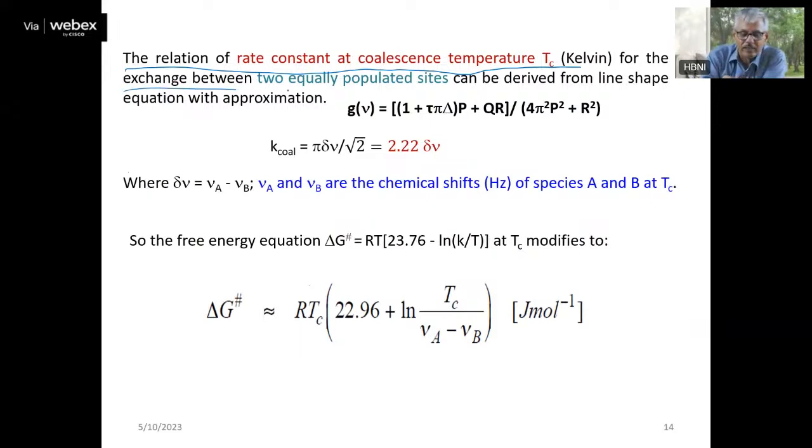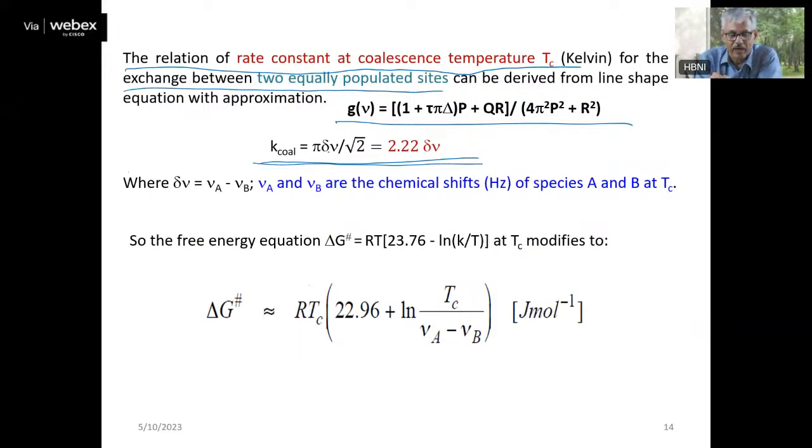One can calculate that when you take two equally populated sites and apply this to the line shape equation, then K, the rate constant at coalescence temperature, is equal to pi delta nu by root 2, where delta nu is the difference in chemical shift between the two sites, which is nothing but 2.22 delta nu. And then from that also you can find out the parameters.